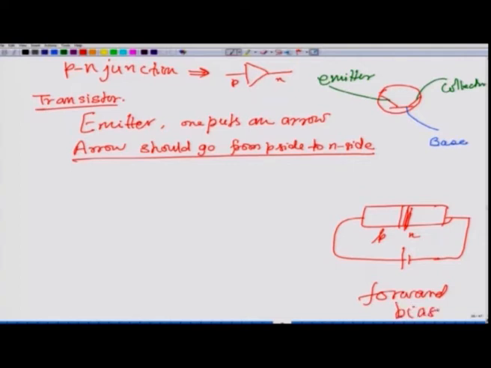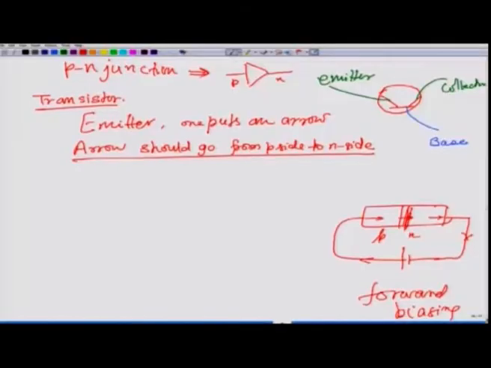And in forward biasing, you have large diffusion currents and all that, and the direction of current is like this. From the battery positive, the current goes here, and here, and so on. So, in the Pn junction, the current goes from P side to N side, and that is the direction of arrow that we have to put on the emitter of the transistor.